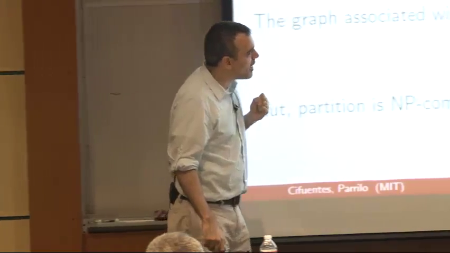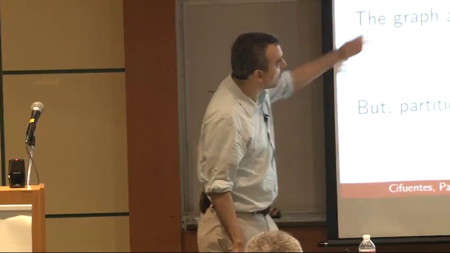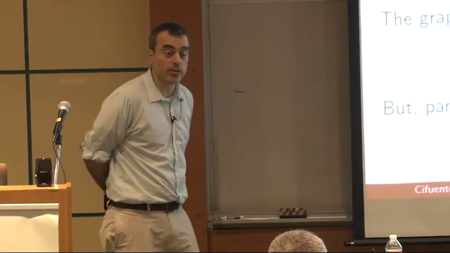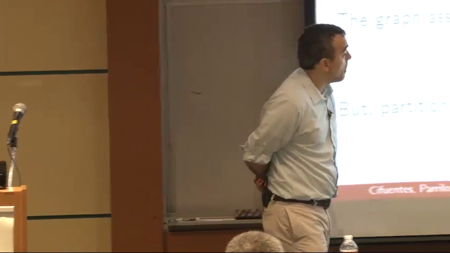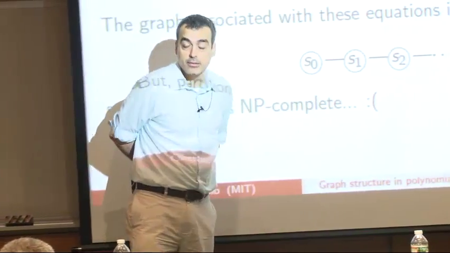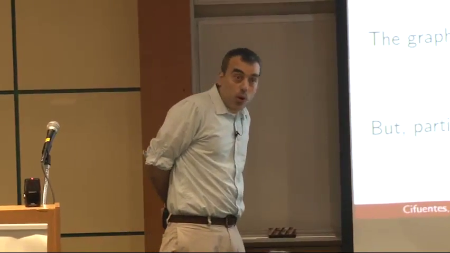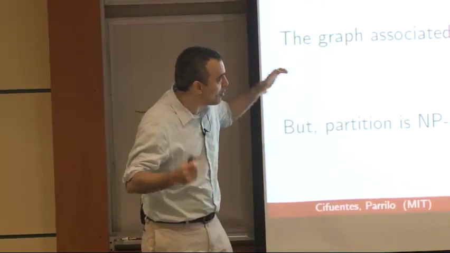Something very interesting, or very frustrating, will happen here. If you look at this system of equations and do exactly what I told you before, write the graph, the graph that you'll obtain is a tree. It's actually a path. Tree width is going to be equal to 1 because it's a tree. And you'll say, yay, I have a polynomial time algorithm.